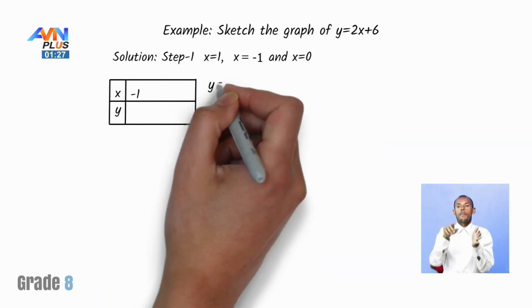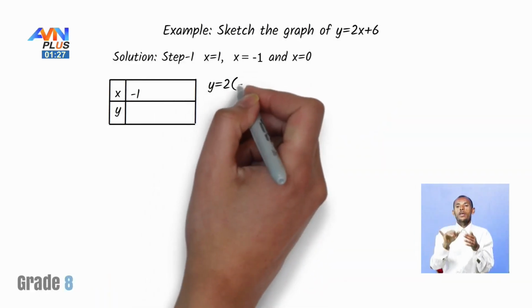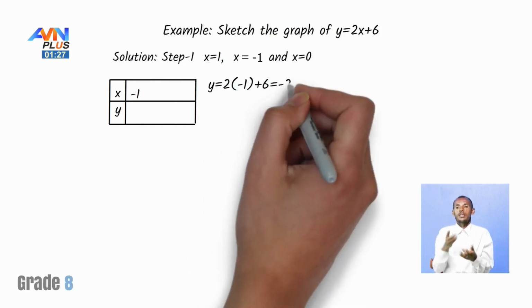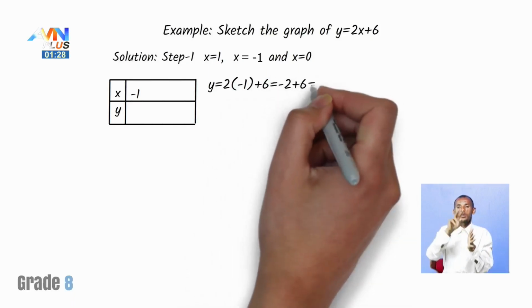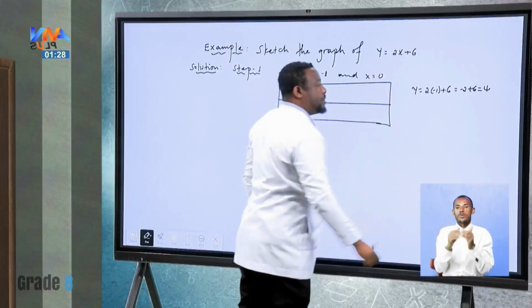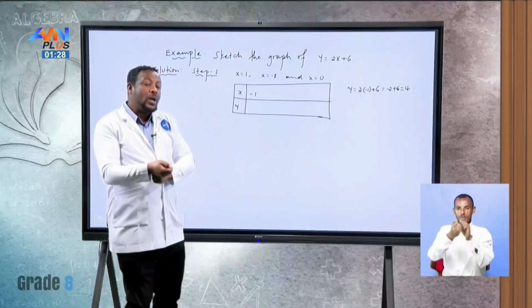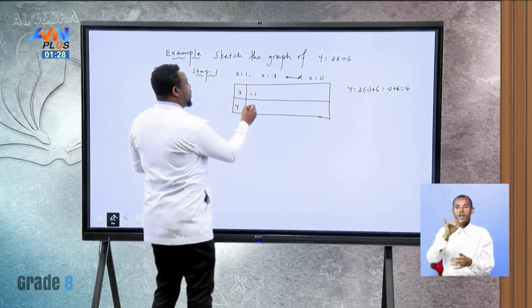The value of y becomes 2 times -1 plus 6. Okay, so this means -2 plus 6. -2 plus 6 is positive 4. So whenever we substitute -1, the value of y becomes 4.